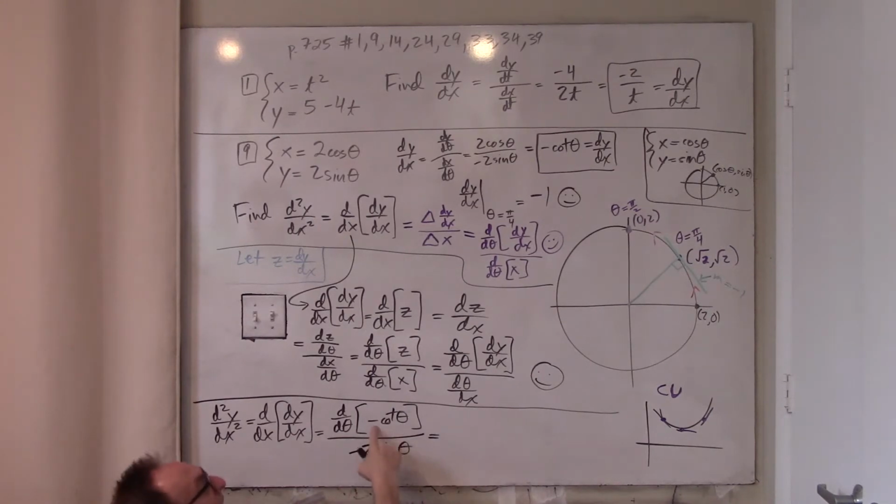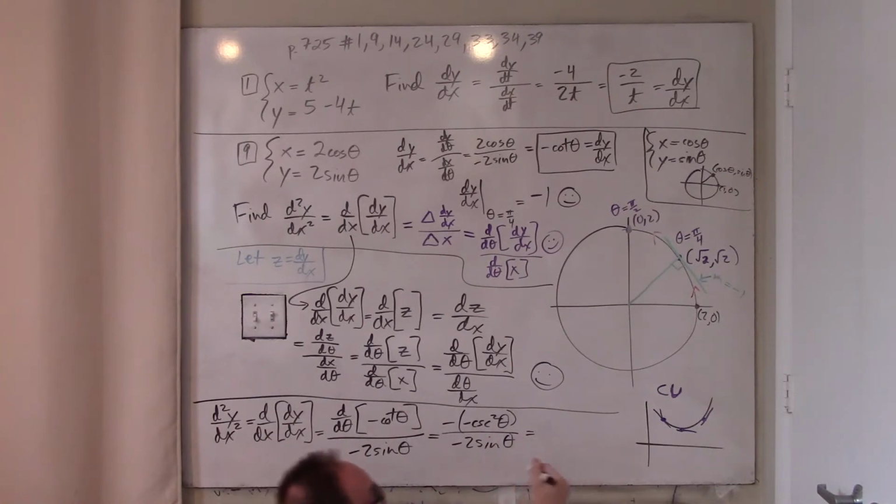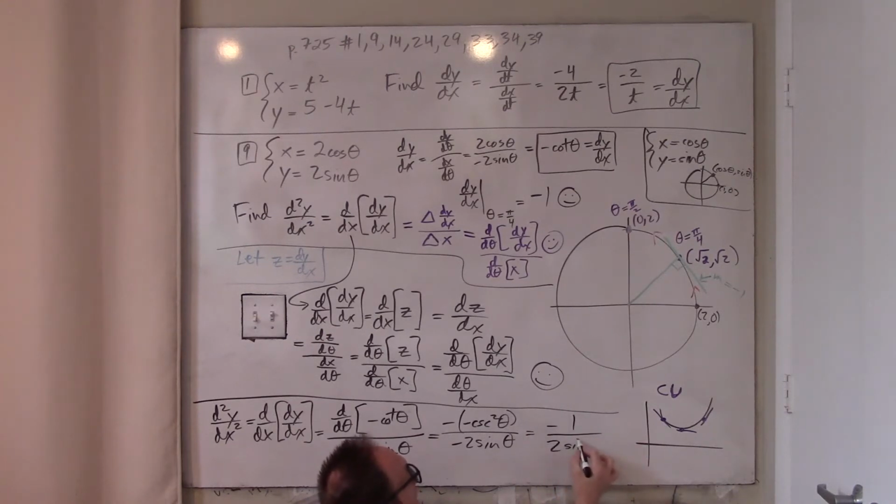Okay, and I know that the derivative of cotan is negative cosecant squared theta, over negative 2 sine theta. And so the formula I end up with, since I have 3 negatives, is negative 1 over 2 sine cubed theta.